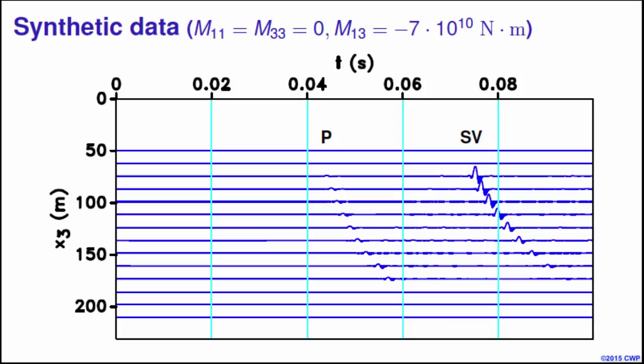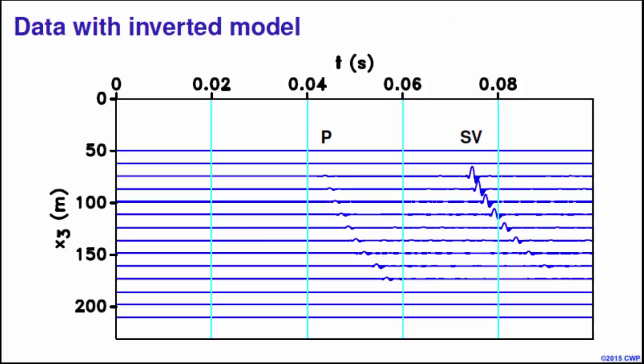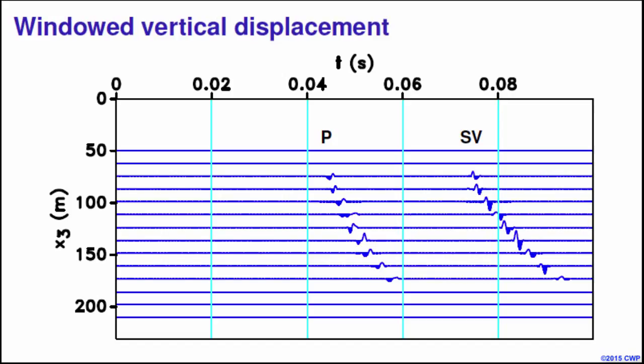And then after inversion, you see that the wavelet and the amplitude are essentially the same, but we get a small shift, and this time shift allows the inverted data to match kinematically the windowed vertical observed displacement, as you see here.